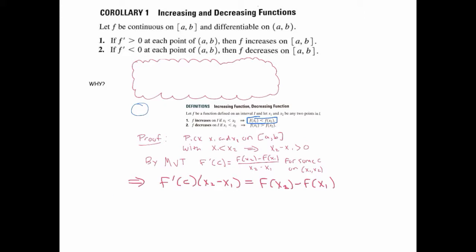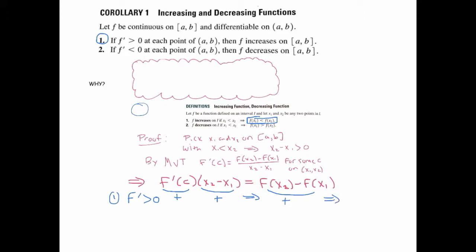So let's do the first part here in blue. Let's assume that f prime is bigger than 0, well, that means that's positive. We already know that x2 minus x1 is positive because I situated the points that way, which means that a positive times a positive is a positive, and f of x2 minus f of x1 must be positive.